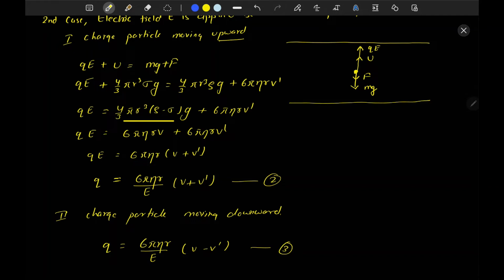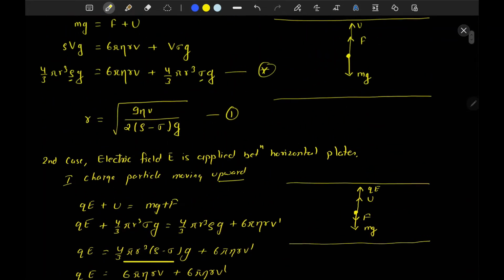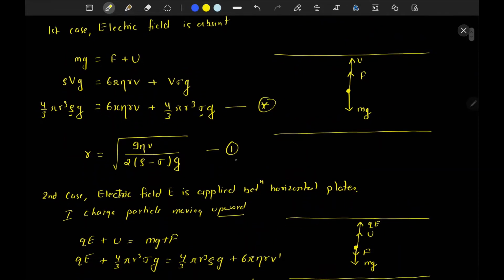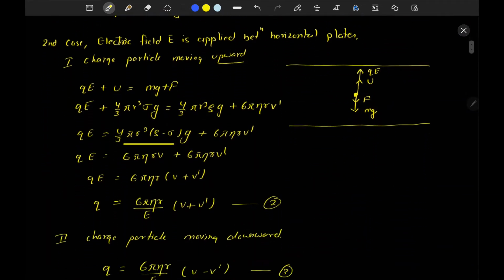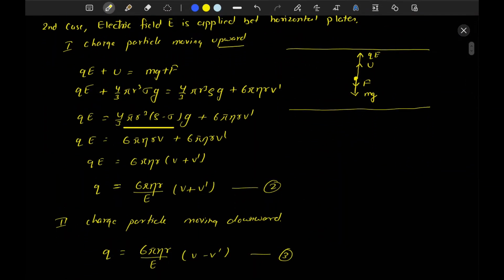So we have three formulas: one for the radius of the charged oil drop, and another two formulas for the charge on the oil drop, equation 2 and equation 3 for two different cases. Equation 2 is for charge moving upward in the electric field, and equation 3 is for charge moving downward in the presence of the electric field.